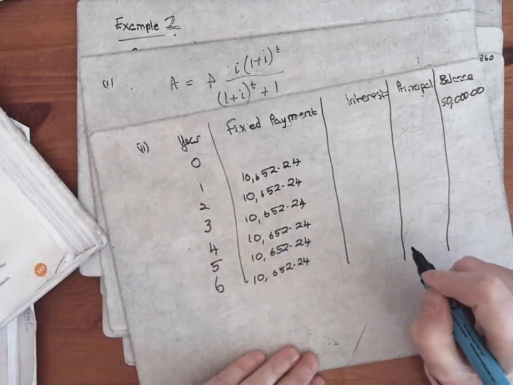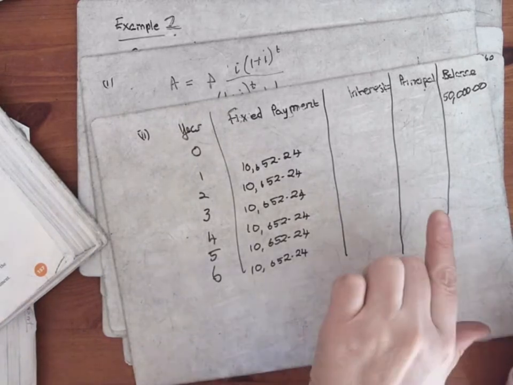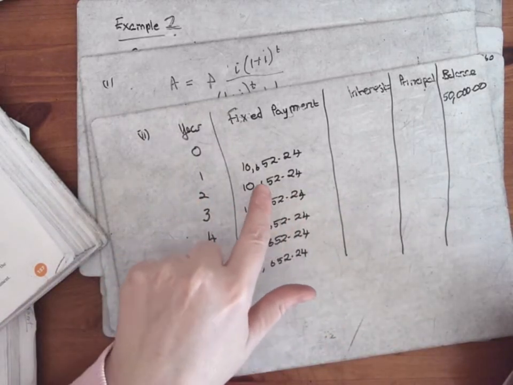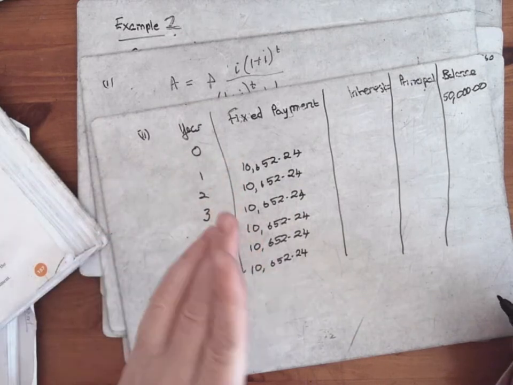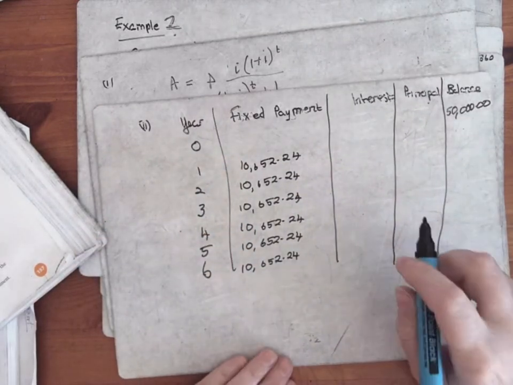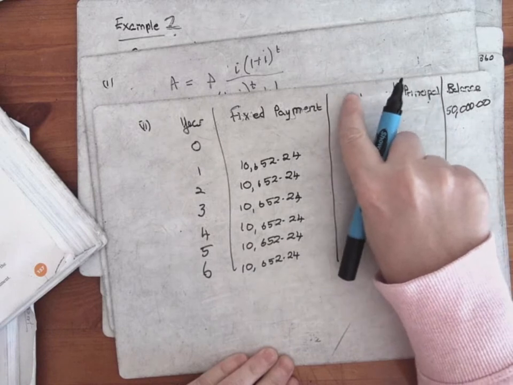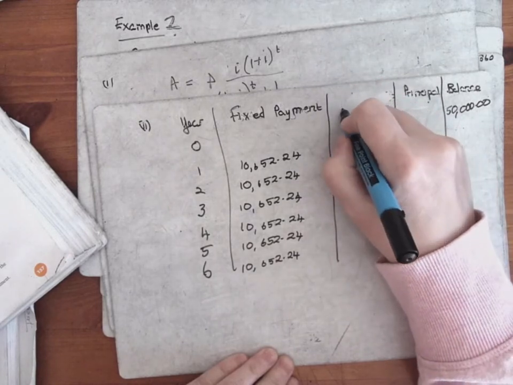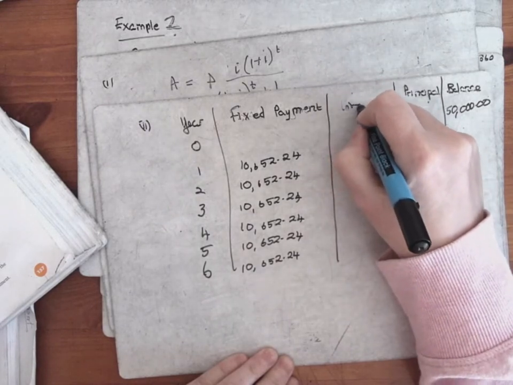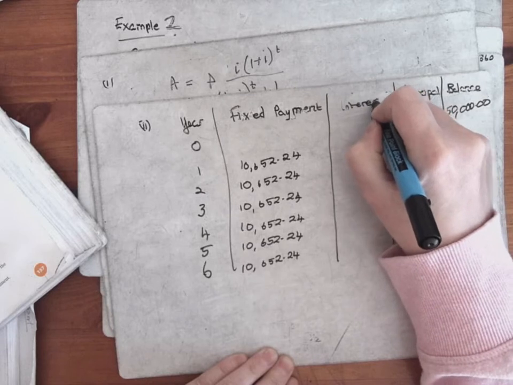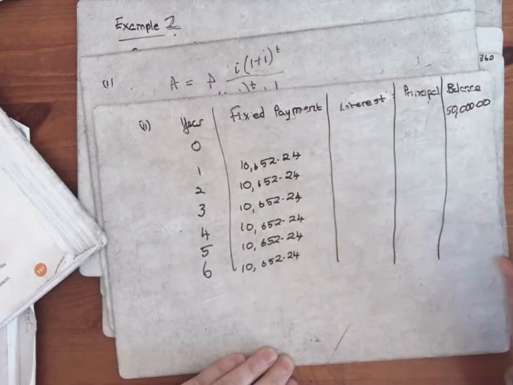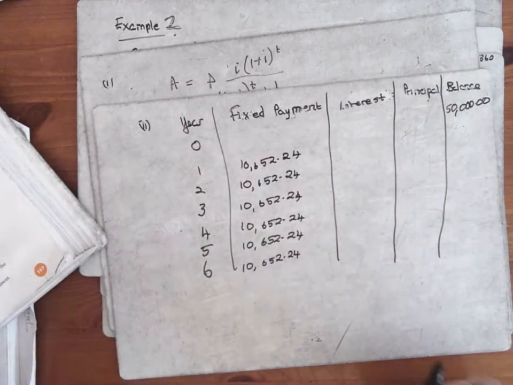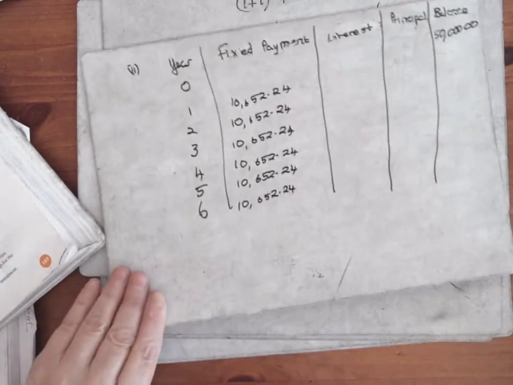Okay, of that she pays the interest for the year plus a bit off the loan. So here you need to work out the interest for the year. The loan was 50,000, and it's 7.5% interest.